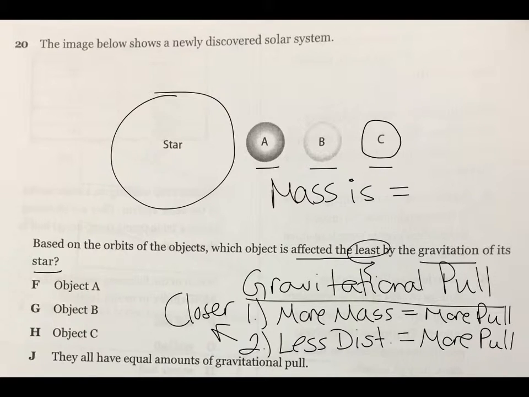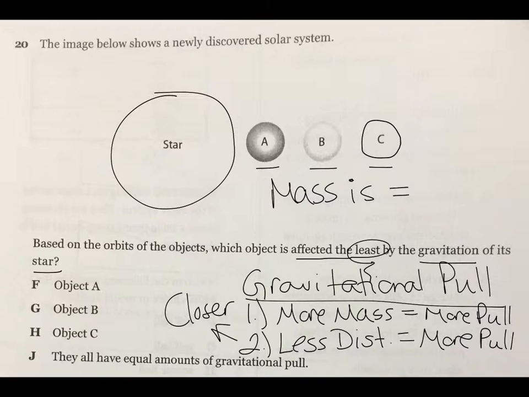The mass of planet B compared to the mass of the star, same thing, it's still the same as A, because B and A have the same mass. When you go to planet C, which also has the same mass as A and B, comparing that mass to the star's mass, same gravitational pull. So here the mass is not going to determine which one is affected the most or the least by the gravitation of the star. So we go to distance.